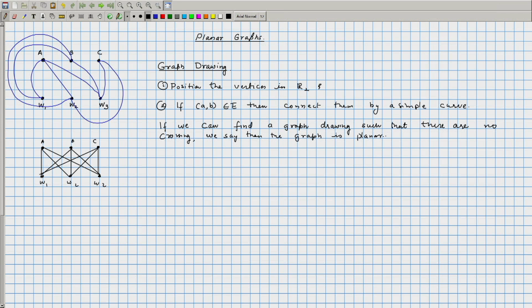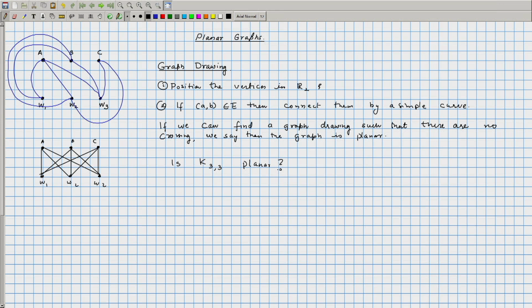Okay. So, now the puzzle can be reformulated as: is K33, that is the graph that we are interested in, planar? We will develop some tools by which we can answer this question.